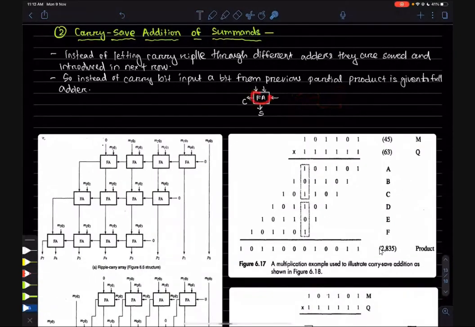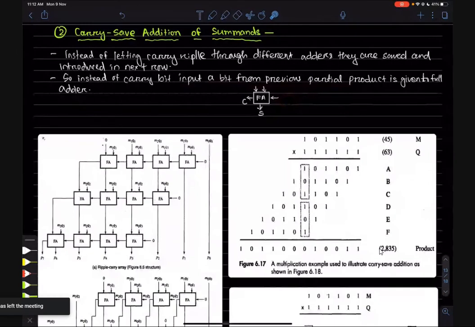A full adder generates sum and carry, and it takes 3 inputs: the xi bit, the yi bit and the ci bit. But in this case we are not giving the ci bit, so we now have one free input terminal. In this input terminal, we can input a bit from the previous partial product.